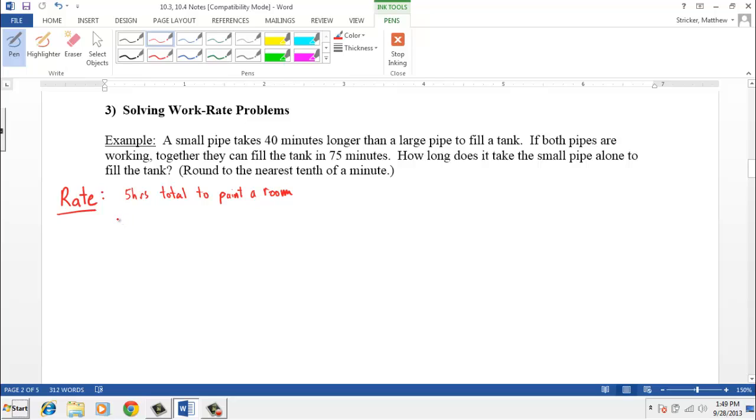how much of the room has been painted in 1 hour?